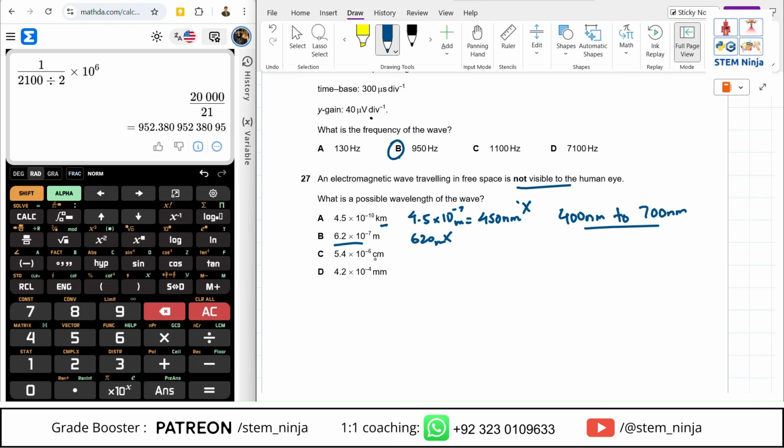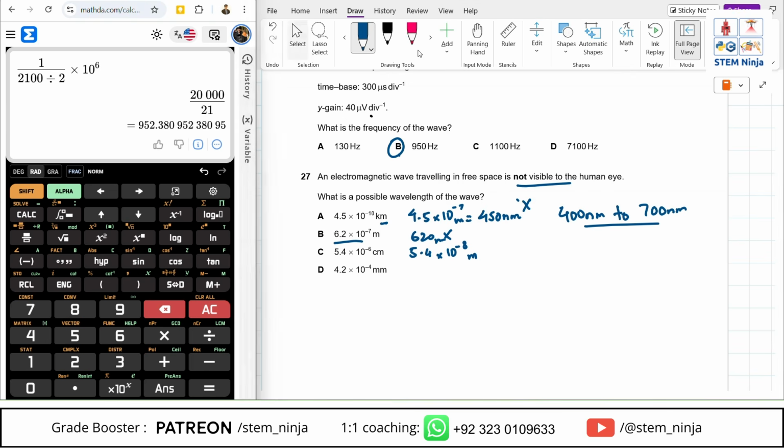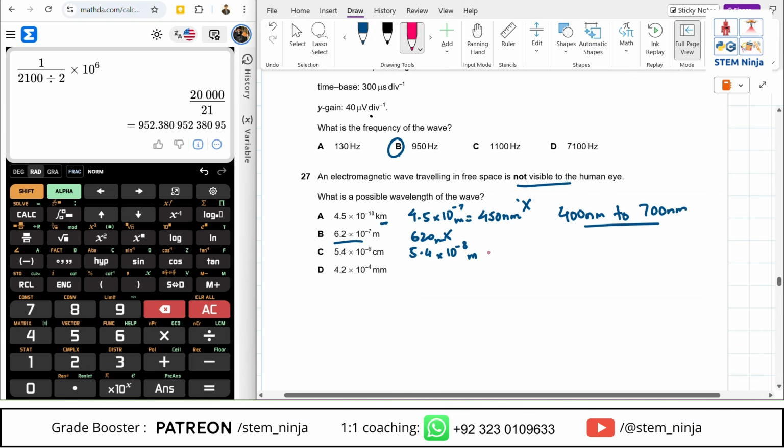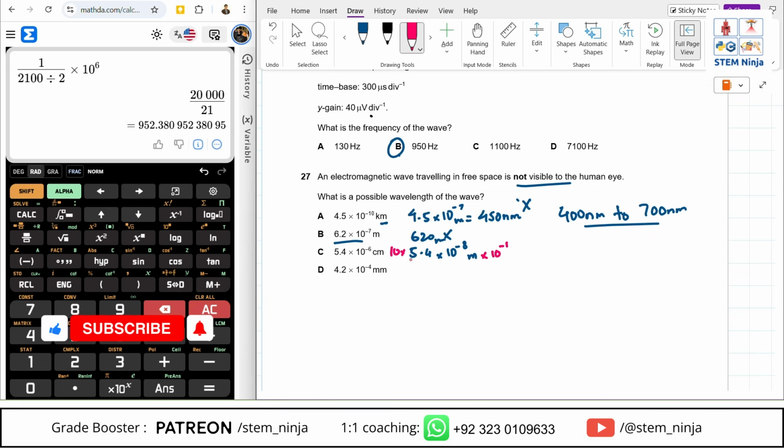5.4 times 10 raised to power minus 6 centimeter. So this would be 5.4 times 10 raised to power minus 6, and then minus 2. This would be minus 8 meters. In nanometers, if we want to convert it, we know that to make it into minus 9, we have to divide by 10, and then we need to multiply by 10 over here.